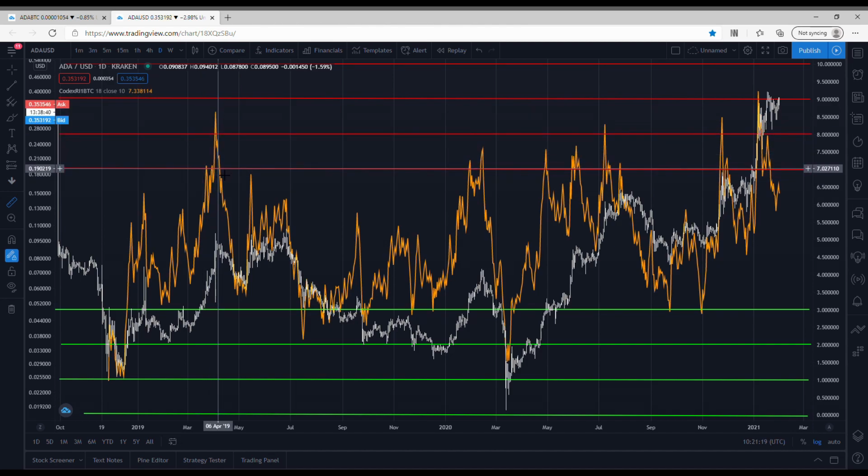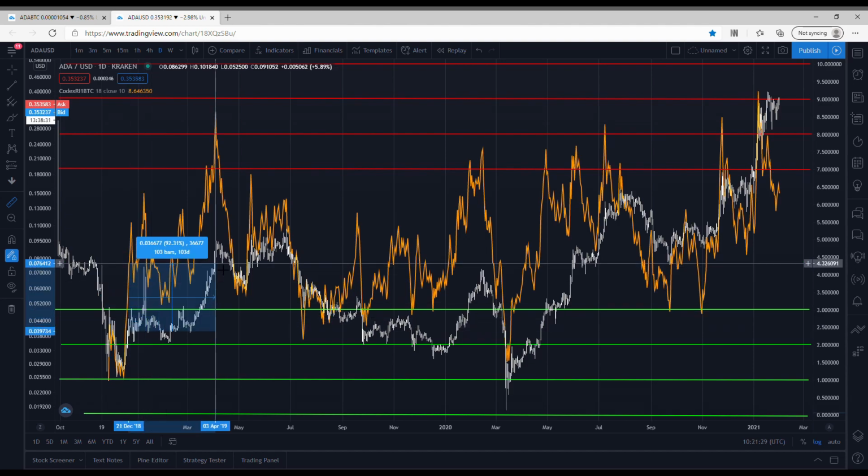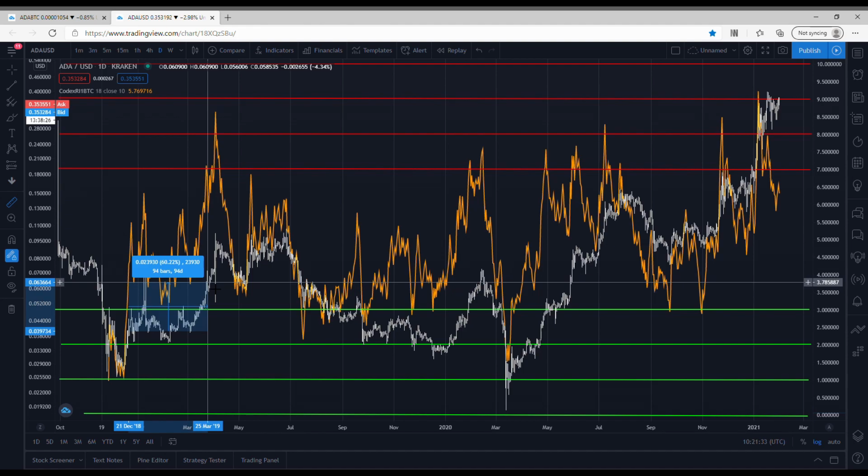Okay, let's take it here, and you would have sold here when the risk was at 7. You would have made a minimum of 60% to the upside, of course.